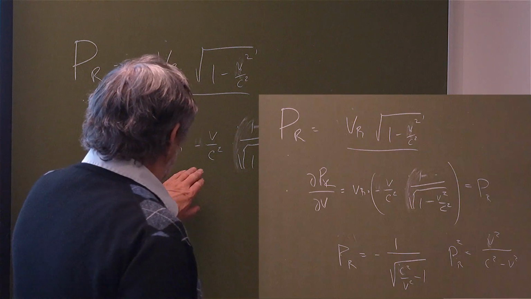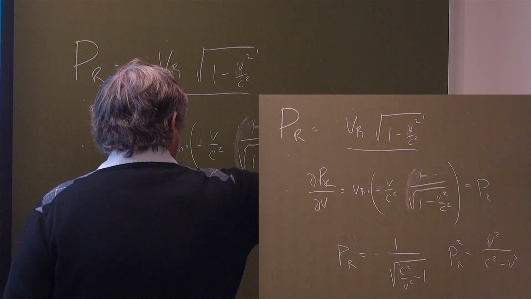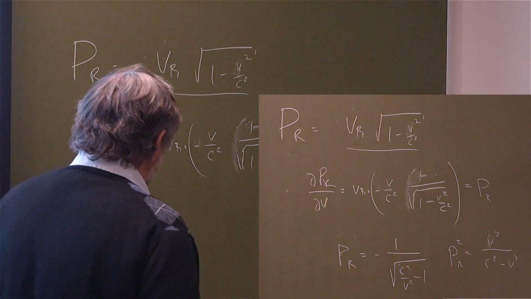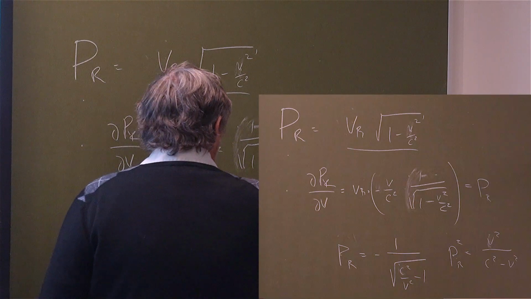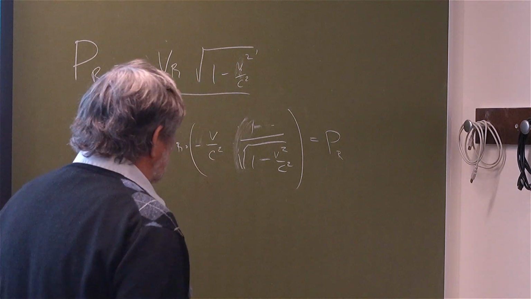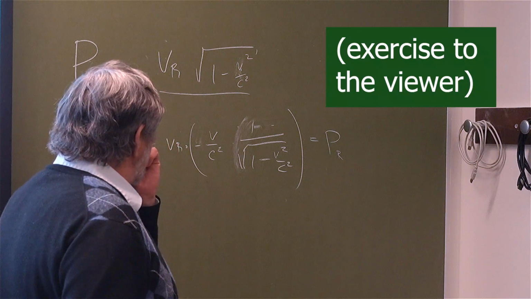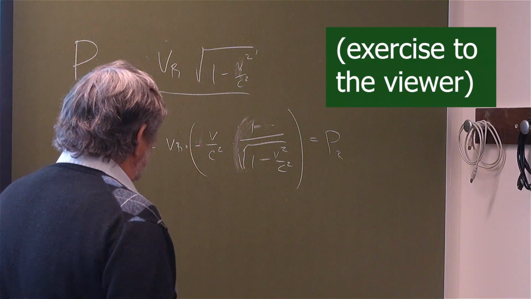That's the derivative. We call it P. Okay, PR. And then we need to solve this equation for P and find V of P.